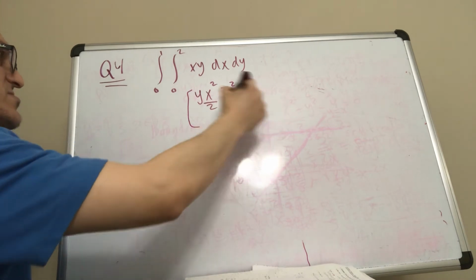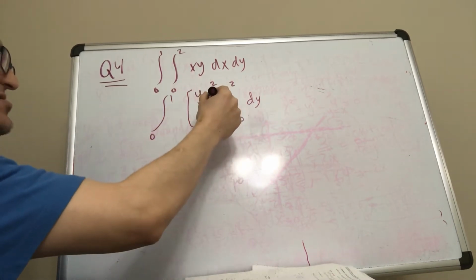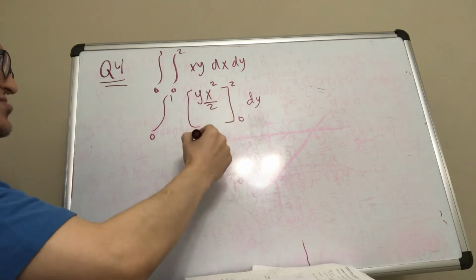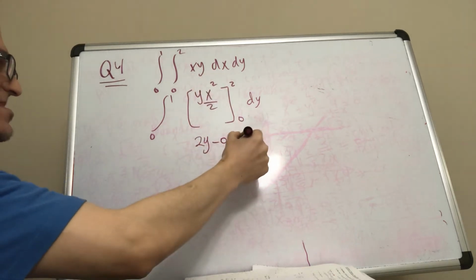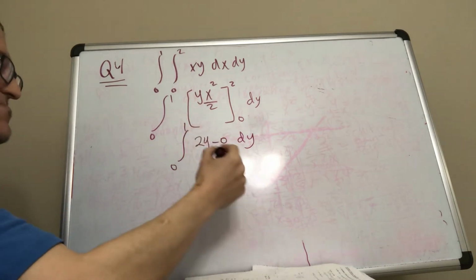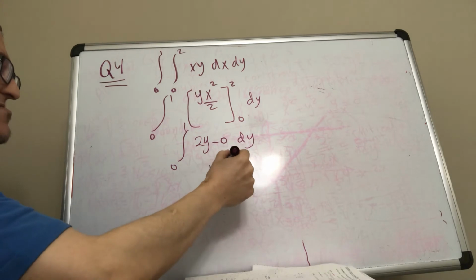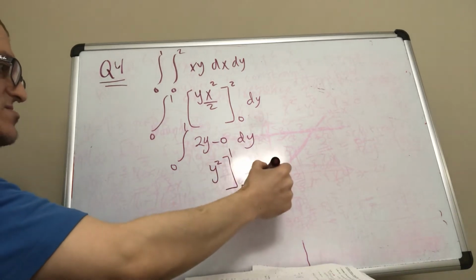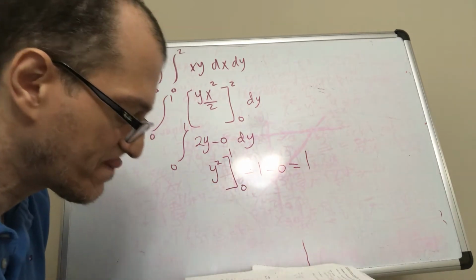You still have to do the integral with respect to y, 0 to 1. Put the 2 for x, that's 4 over 2, so that's 2y minus 0, dy, 0 to 1. The integration of 2y is y squared, 0 to 1, plug 1 minus 0, that's 1. Good.